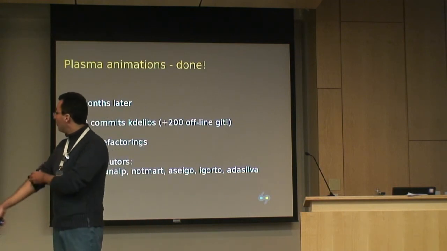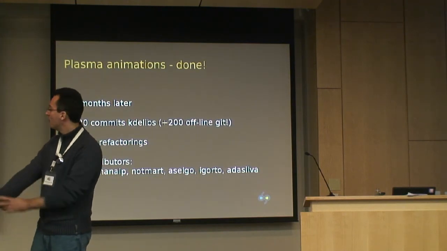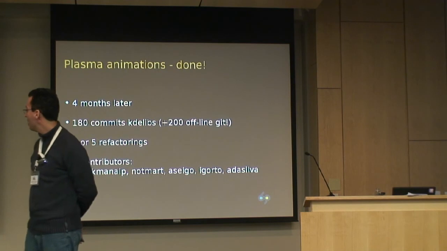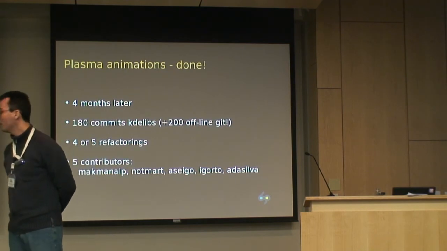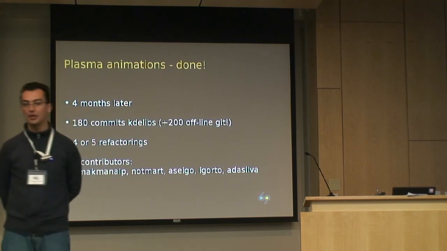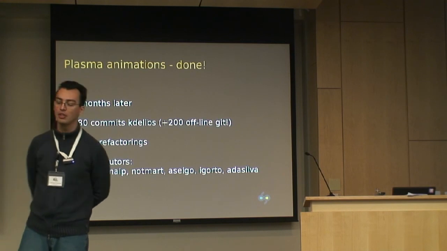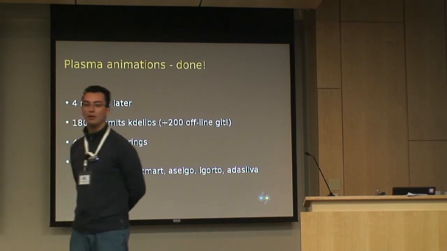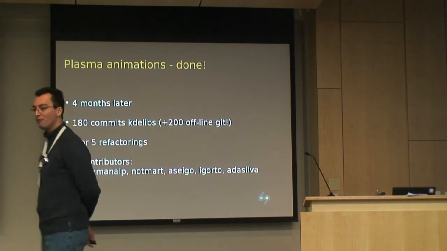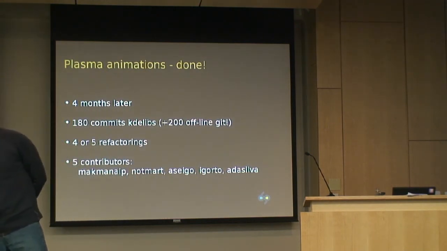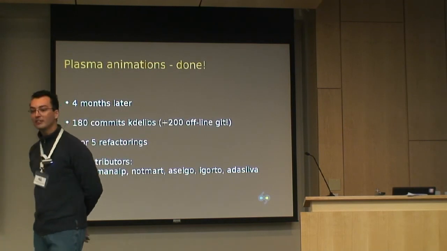It went through four or five refactorings to get to its final shape. And we have five contributors. Maki Manaup, the Turkish guy who got it started, but it's been almost six months since he has had time to help on this effort. We have our friend here, Marco, who helped us improve the design as well as the code and fixed some bugs.